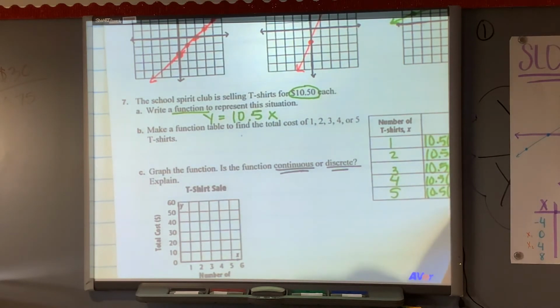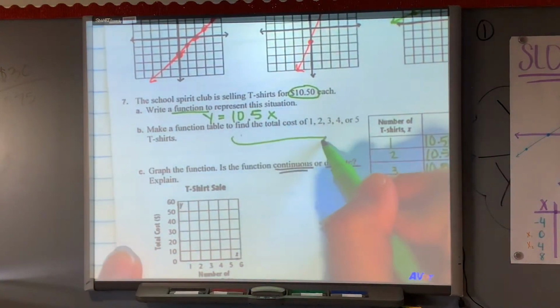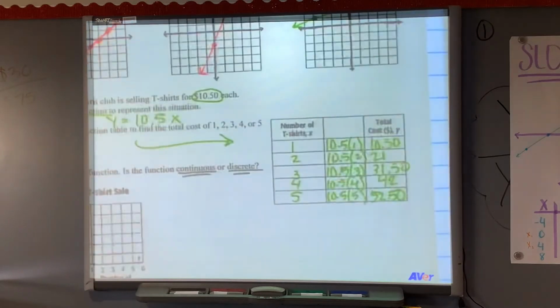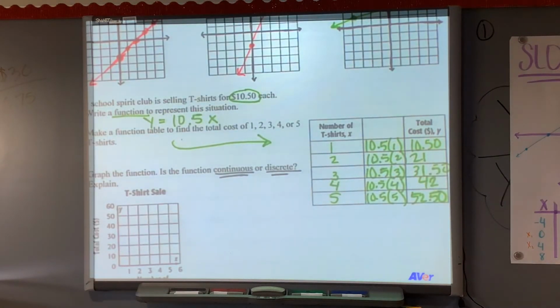And if I sell 5 t-shirts, we have $52.50. So this wanted me to make a table, so I did. That's how your functions will, oh my goodness. I did not realize y'all couldn't see everything I wrote. Sorry. Pause your video if you need to get that in.